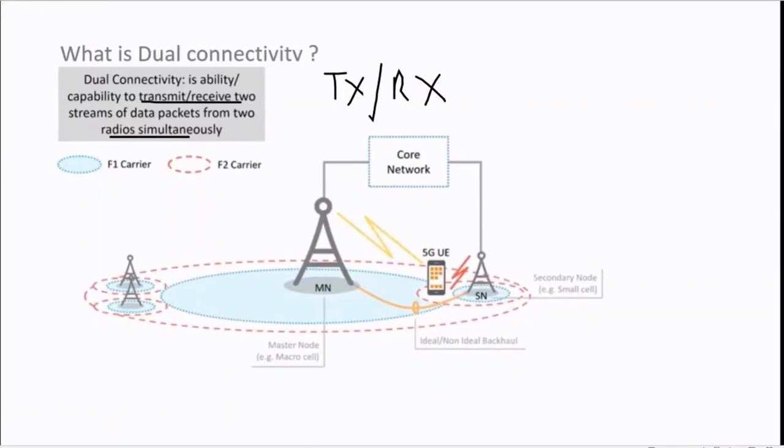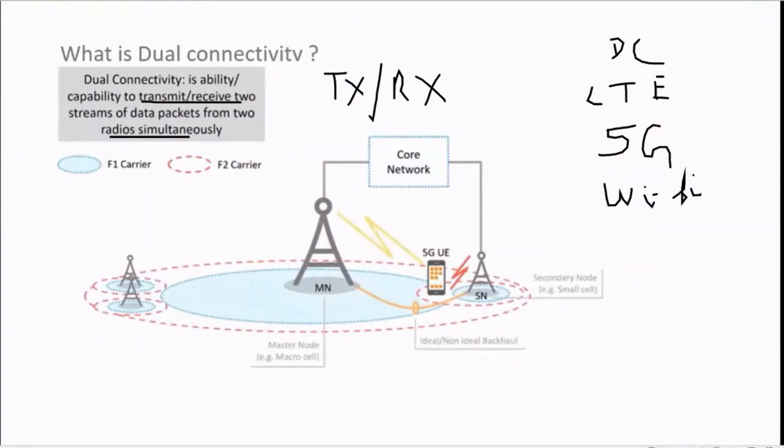So dual connectivity can be with the help of LTE, with the help of 5G, with the help of Wi-Fi as well, anything, right? But it is always called dual connectivity. So if 5G is connected with LTE, that is called dual connectivity. 5G connected with 5G is also called dual connectivity.